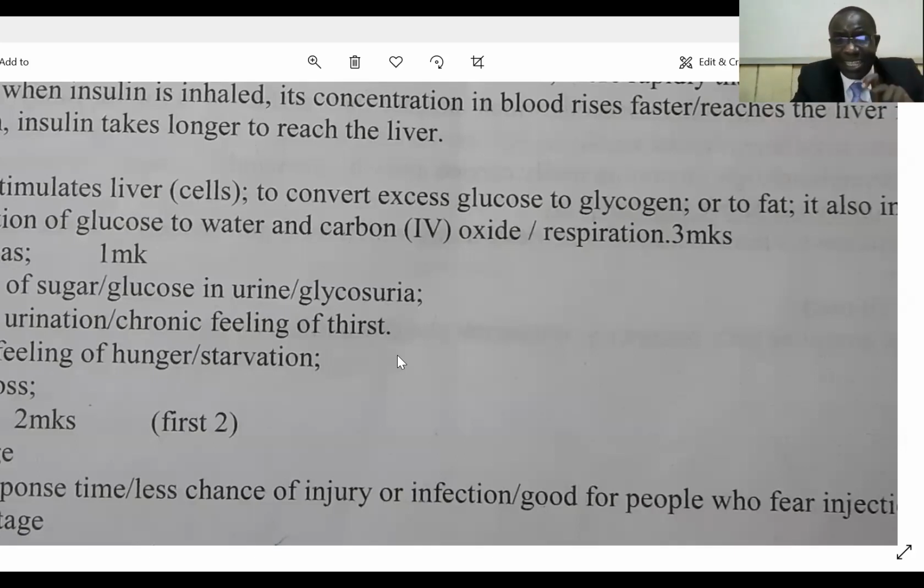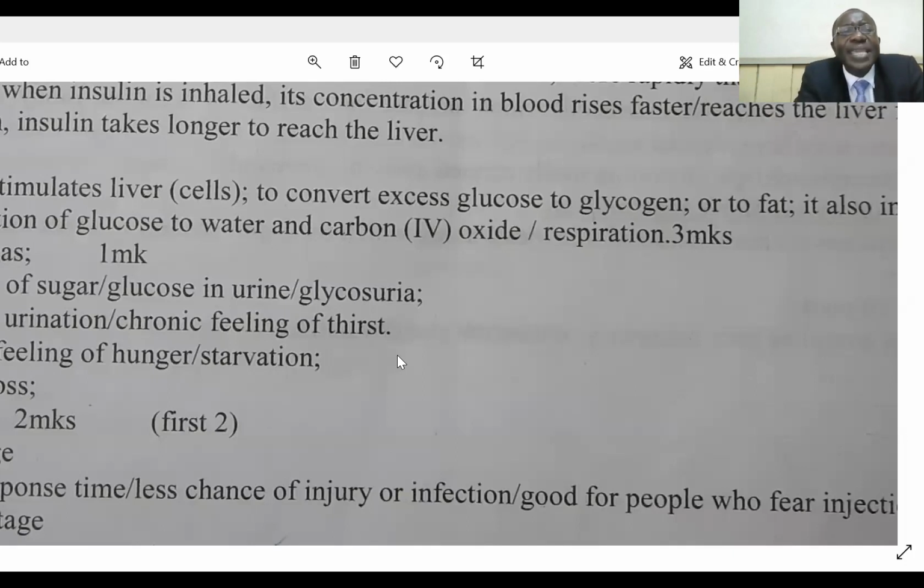What is conducting that? Whatever is conducting it is the liver, but under instruction of, under stimulation of the insulin hormone. And remember, insulin hormone is always secreted at the pancreas. To convert excess glucose to glycogen, that is a tick, or fat, a tick.